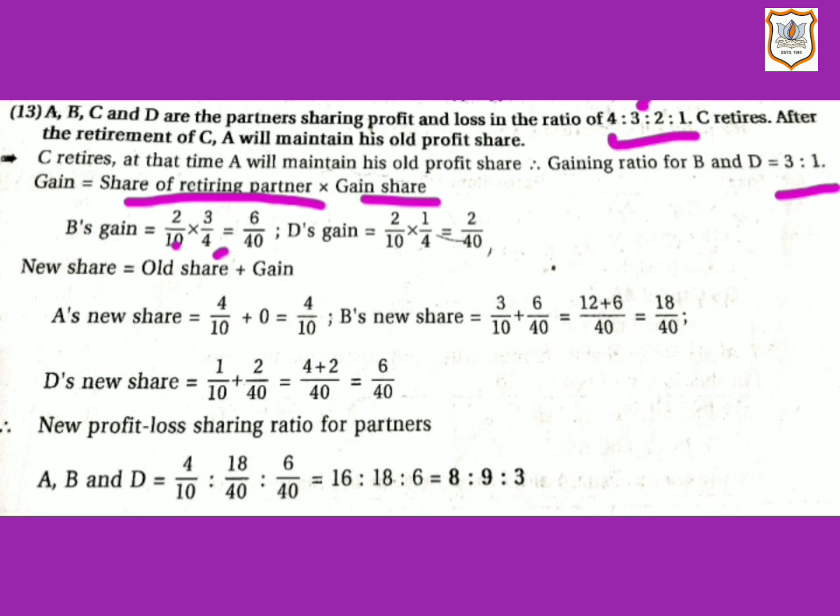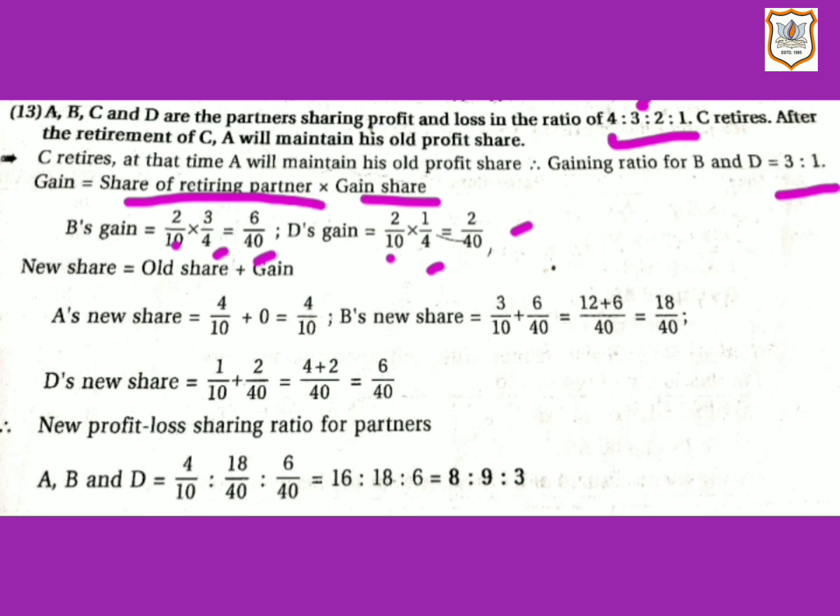If we solve it, we will get 6/40 as B's gain. And now D's gain is equal to 2/10 multiplied by 1/4, that is D's gain share. If we multiply it, we will get 2/40 as D's gain.